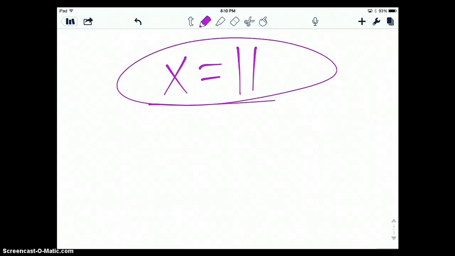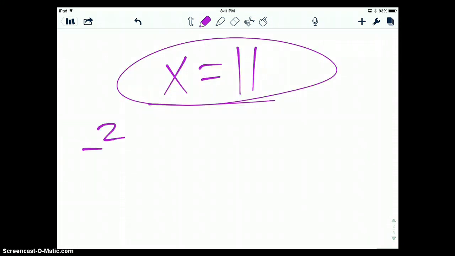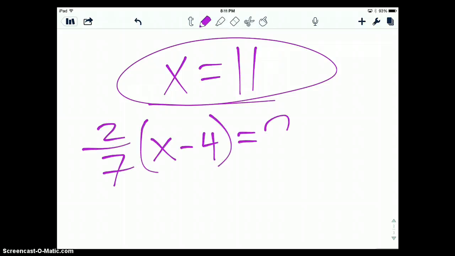We know the value of x to make that original equation true. So let's go back to the original equation. The original equation was 2/7 times the quantity of x minus 4 equals 2. And we want to now actually check and see if this actually works. We want that moment of joy.